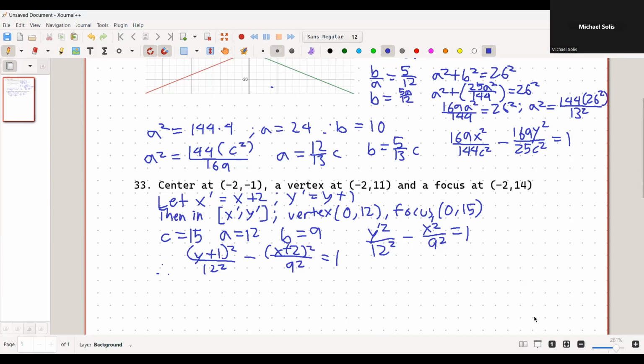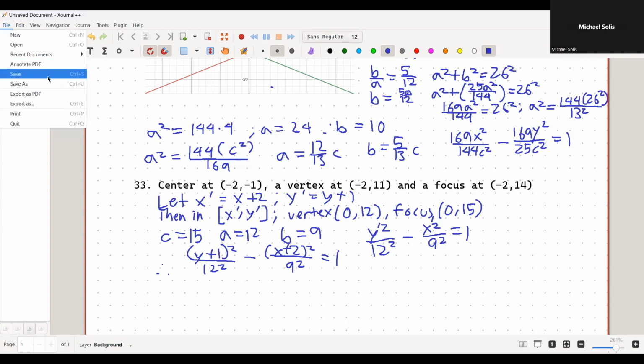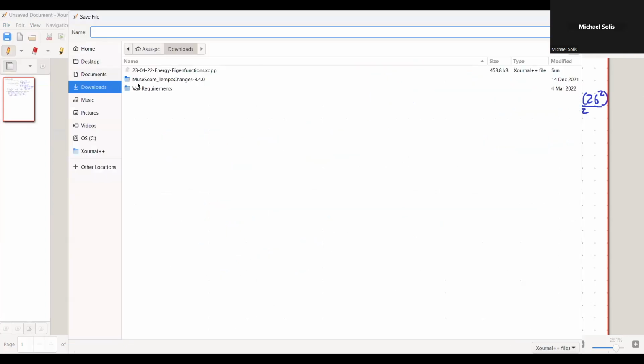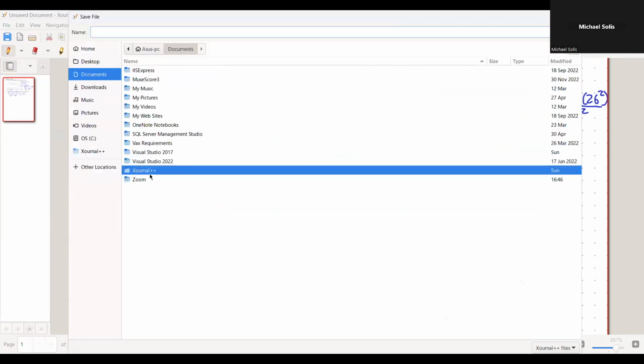Ngayon, pwedeng pa-send yan. Tapos, so that we can talk about editing. Send. Hindi, i-save muna file. Save lang as an XOPP.